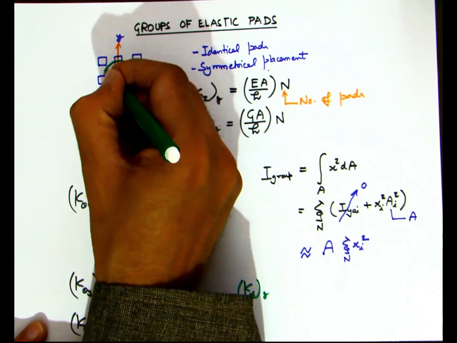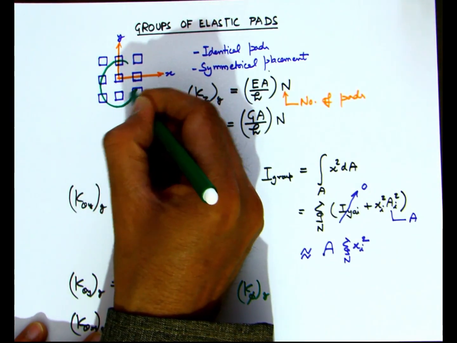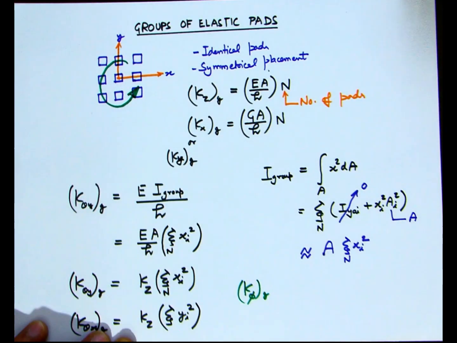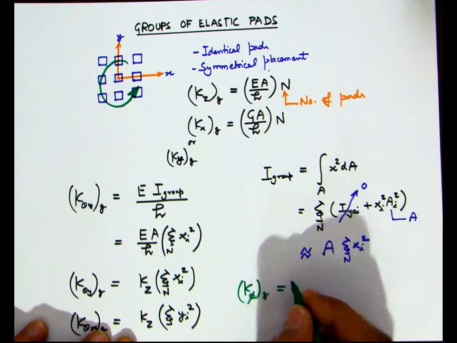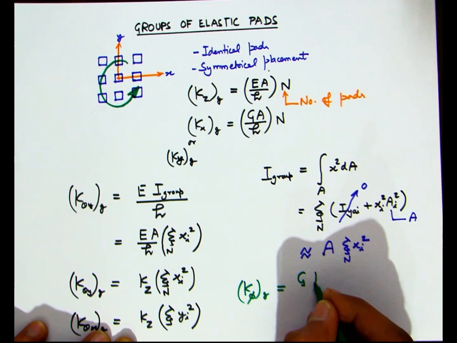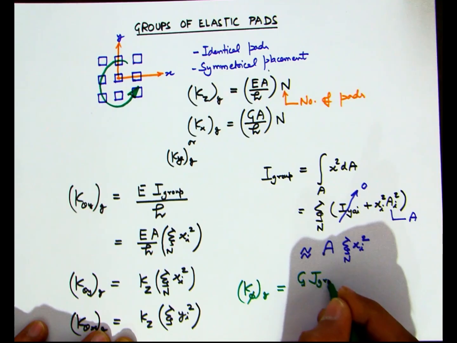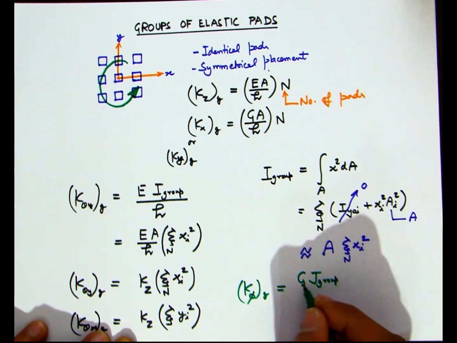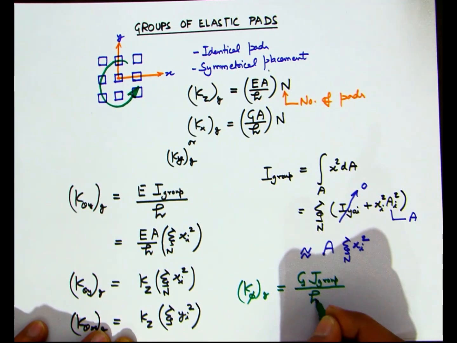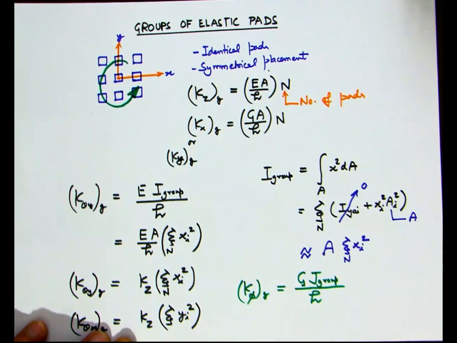Now after this, it should not be at all difficult to derive an expression for the yawning stiffness, that is k theta z of the group, which is also denoted by k phi of the group or k xi of the group. So it is basically G multiplied by J of the entire group by h.